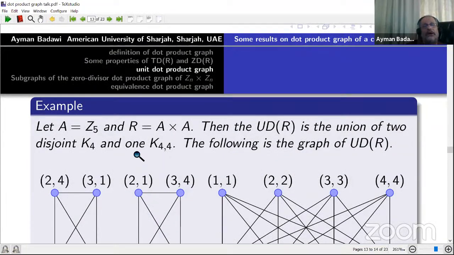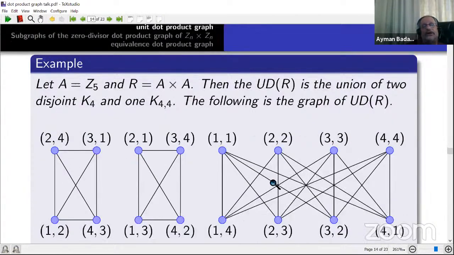Here is another example, of characteristic different from 2. I take A to be Z5, and I take R to be A cross A. This is the graph of the unit dot product.